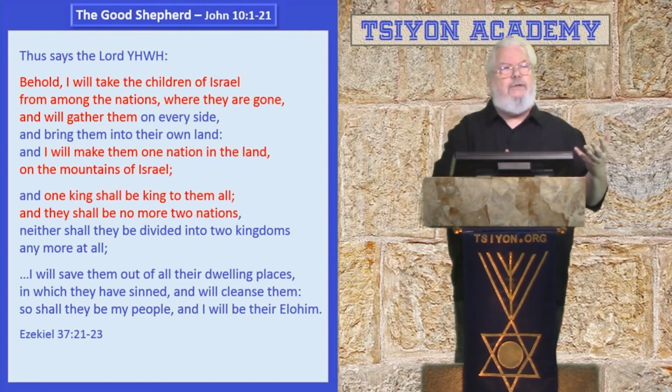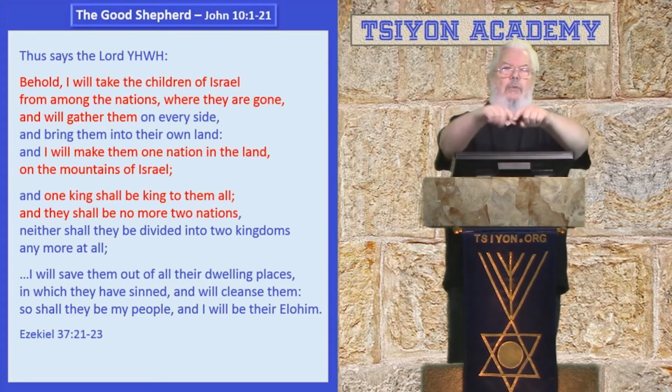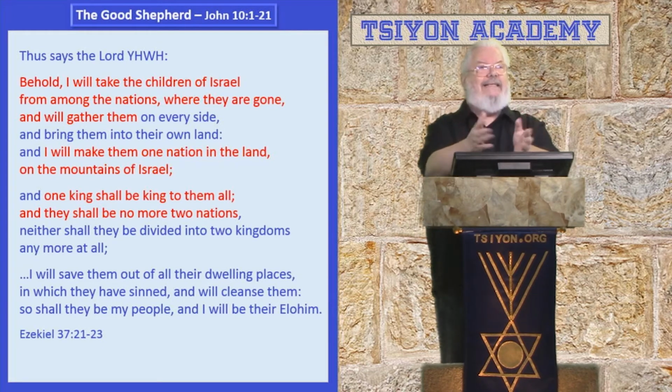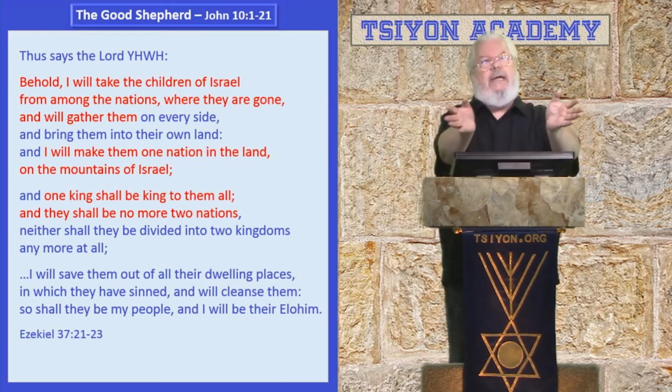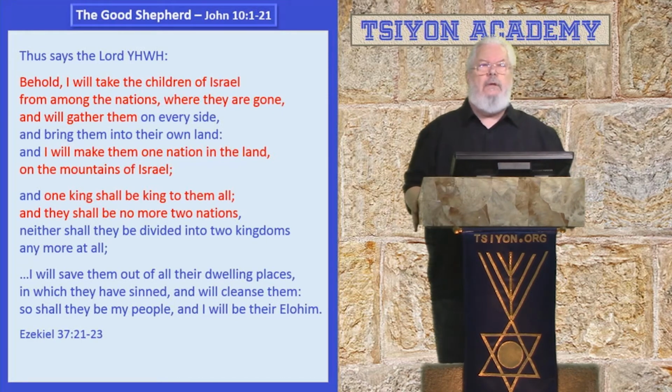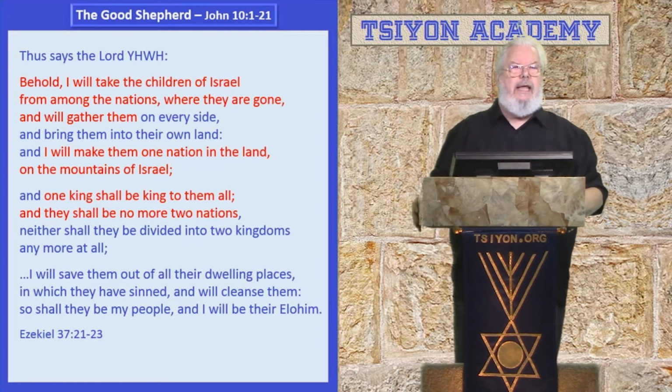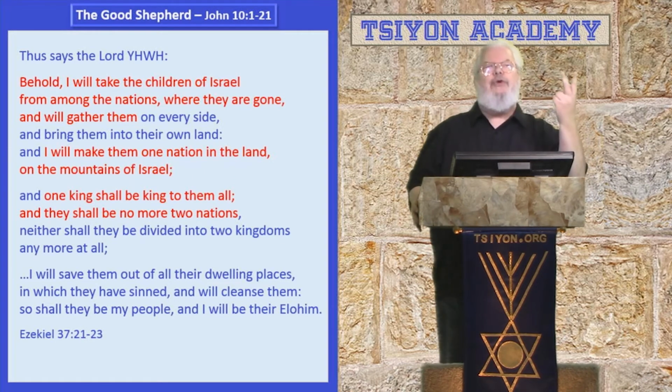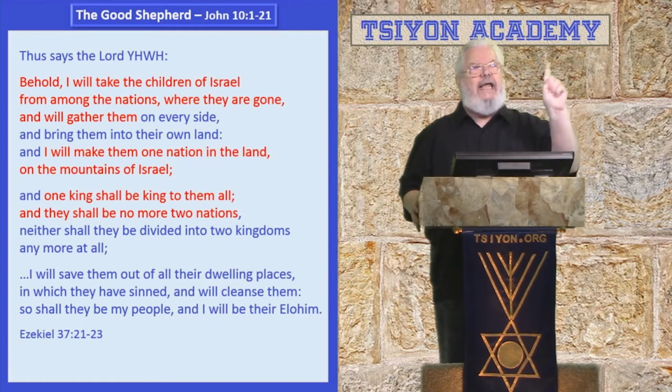Isn't that really this whole story that we're talking about with the sheepfold and the gate and the shepherds coming to him and saying, oh, please open the door so I can bring my sheep out? Isn't that what he's talking about? One nation. One king shall be king to them all, and they shall be no more two nations. One nation.